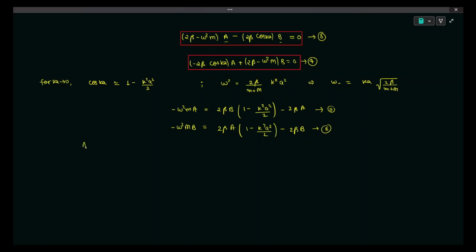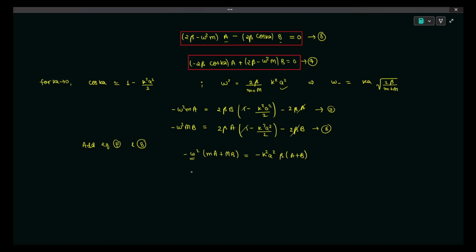What we can do is add equations 7 and 8. So we will get minus omega square times small m A plus capital M B is equal to, basically these terms get cancelled, and what is left is minus k square a square beta times A plus B. Now we will substitute the value of omega square from here.